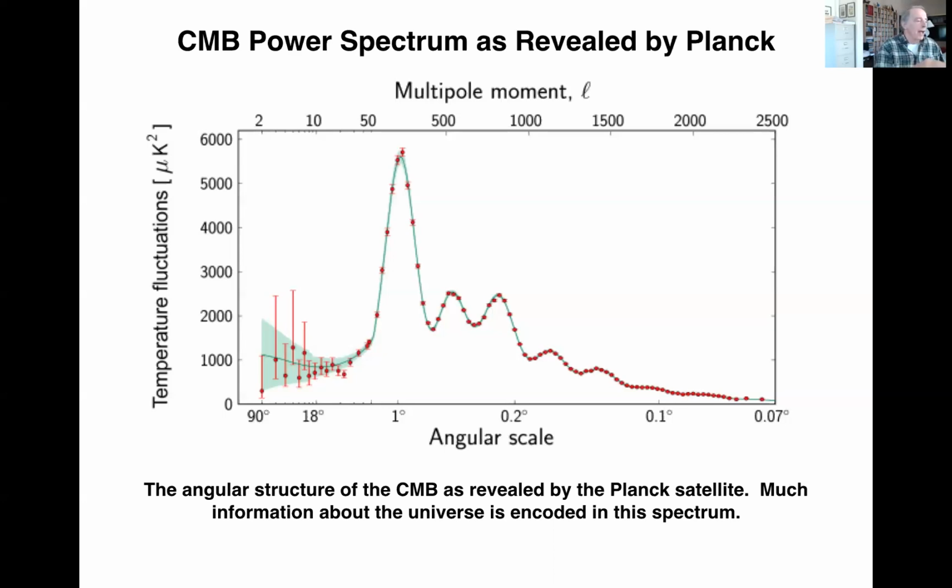That's what that is. At very large angles, you can't get much better resolution than is indicated by the error bars there, simply because there are just too few samples. At large angular scales, there are just not that many independent observations.